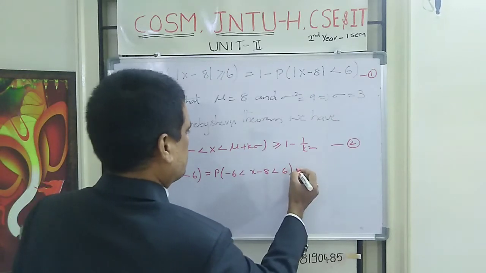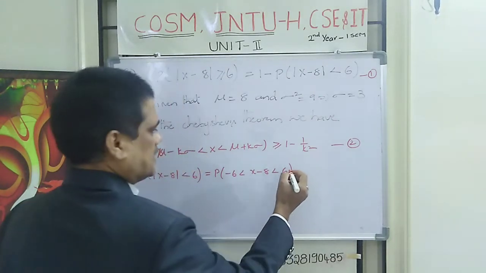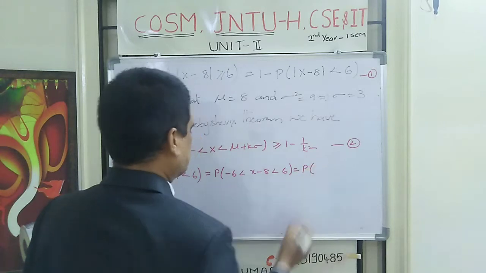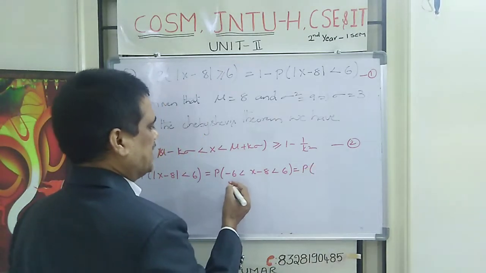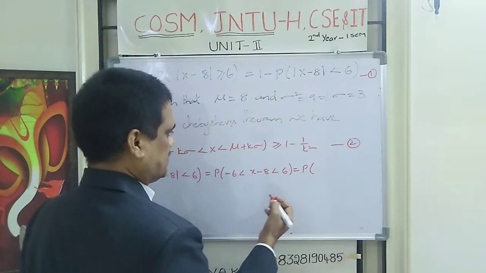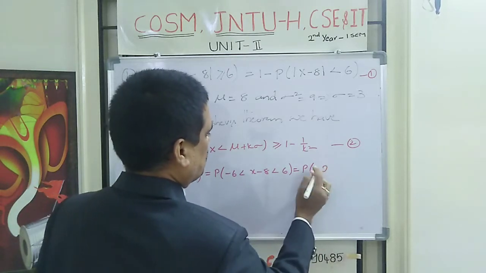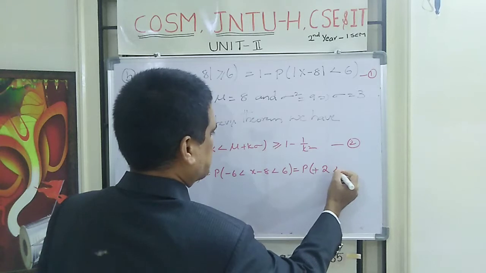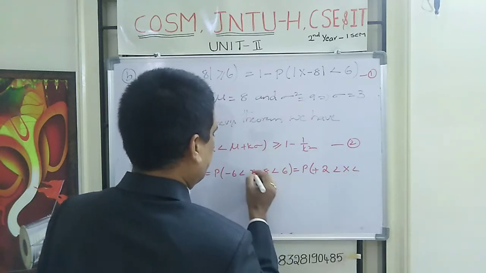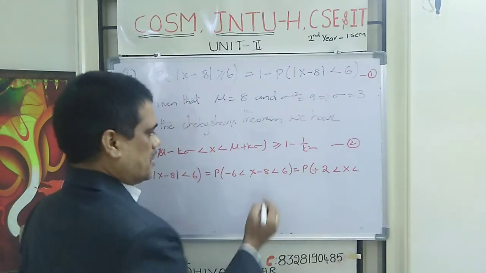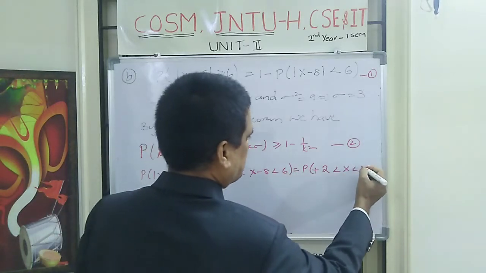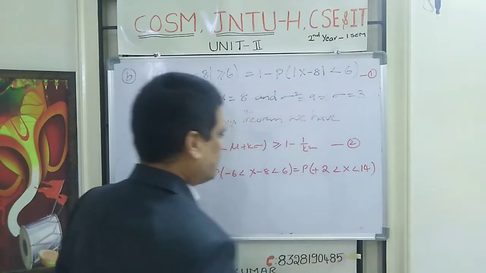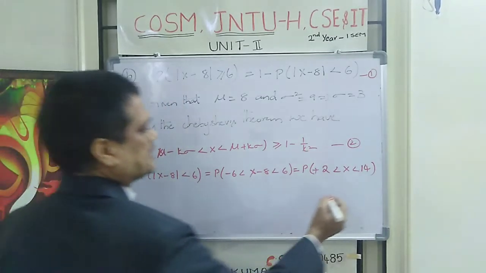Okay, so this can also be written by adding 8 throughout. What you will get? Minus 6 plus 8, plus 2 is less than x is less than 8 plus 6. If you add, you will get 14. So now this is equation 3.